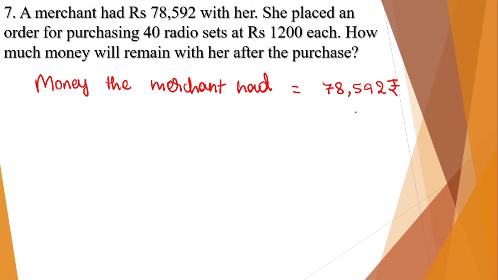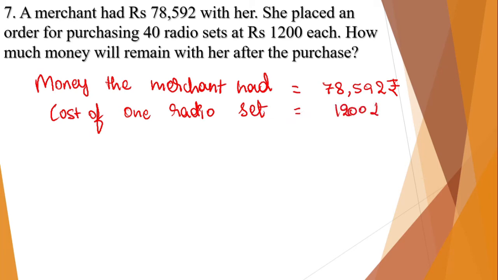Now cost of one radio set. So cost of only one radio set is 1,200 rupees. Right.